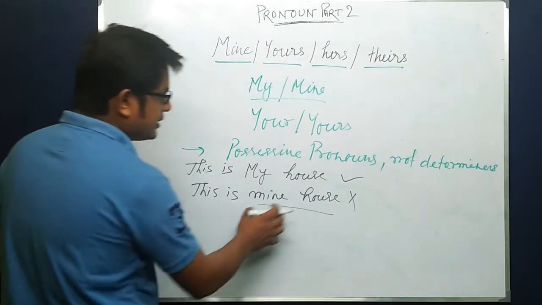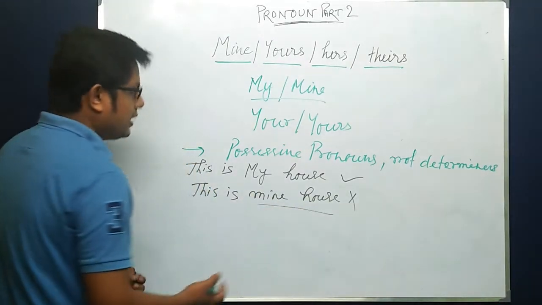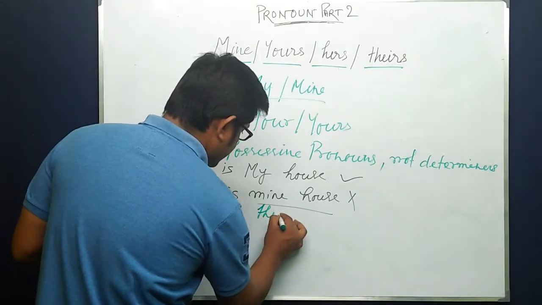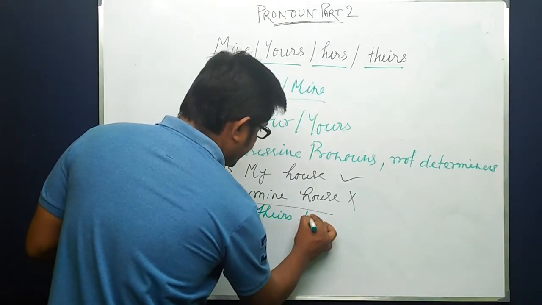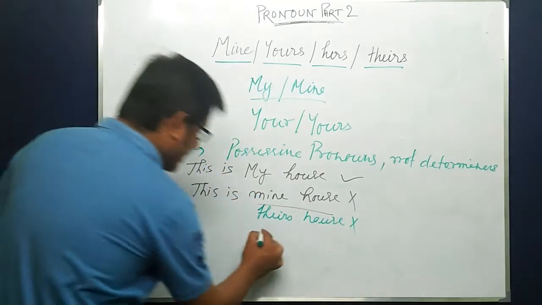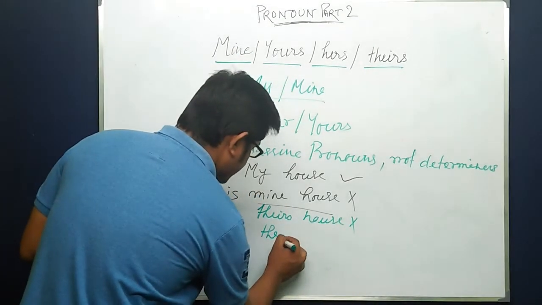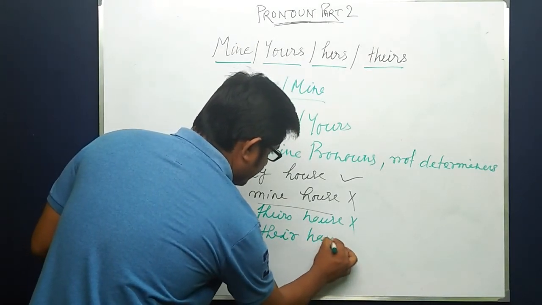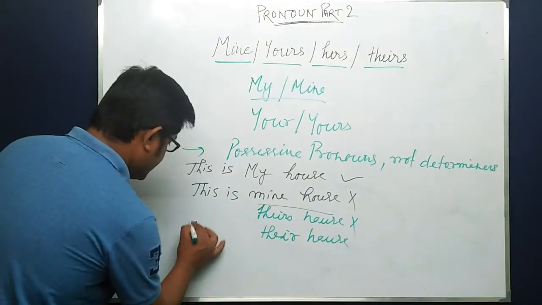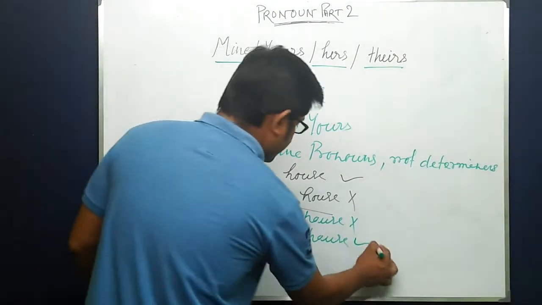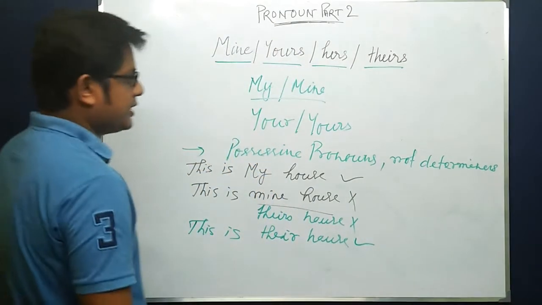So you cannot write mine house or hers house or theirs house, right? If you write theirs house, again this is wrong, but you can write their house. So this is their house, it is right. You cannot write theirs house.